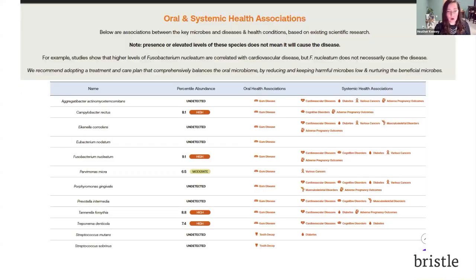And then, of course, there are the oral systemic connections. We give you a really nice overview of the oral associations and the systemic associations when it comes to some of the key pathologies within our test. This is usually on the first page of our test, so you get the general overview and these views to tie in simply what the test means for you and for your patient.